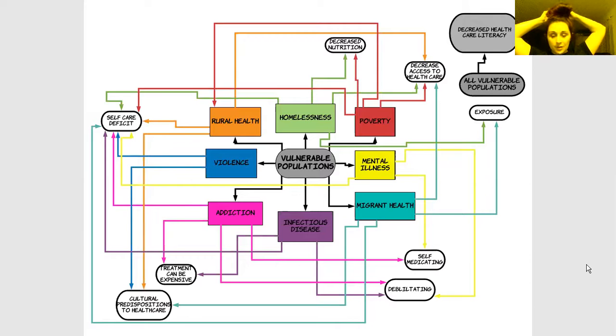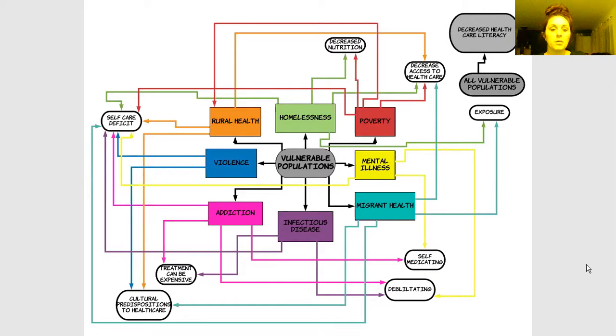For example, poverty, we talked about it many times. Being impoverished, you have to worry about how you're going to feed yourself, shelter yourself. Maybe you don't have time to read up on the things that you should know about how to receive healthcare. Maybe you weren't able to afford these instructions, that type of thing.